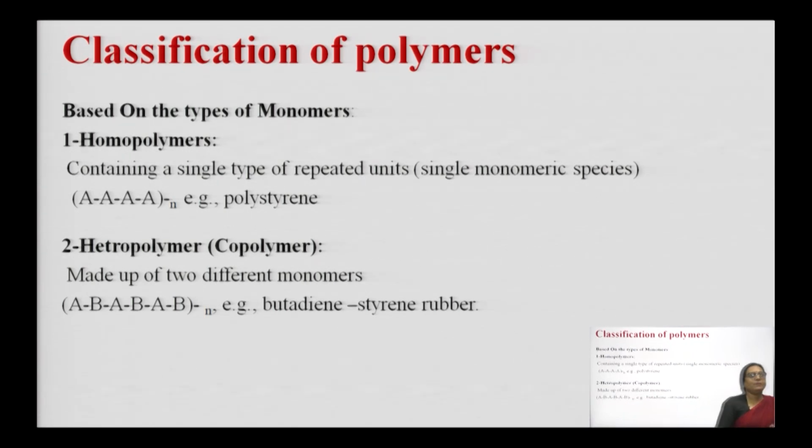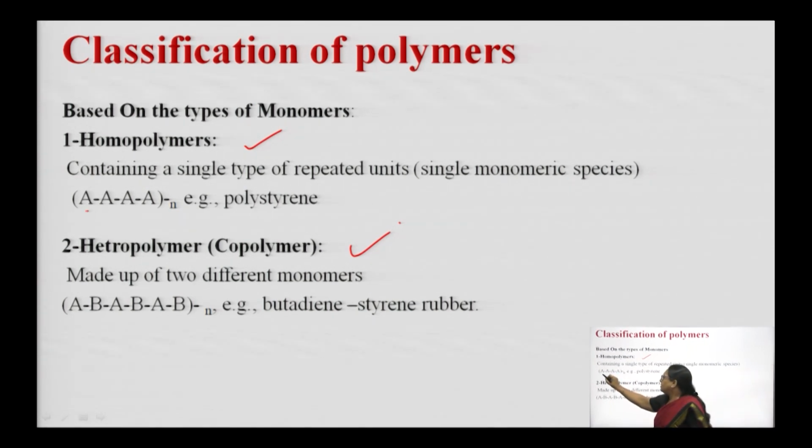Based on the type of monomers, we have two types of polymers as mentioned earlier, homopolymers and heteropolymers. Homopolymers contain the same type of repeated monomer unit. Here you can see A is a monomer unit. This polymer has only A type of monomers.